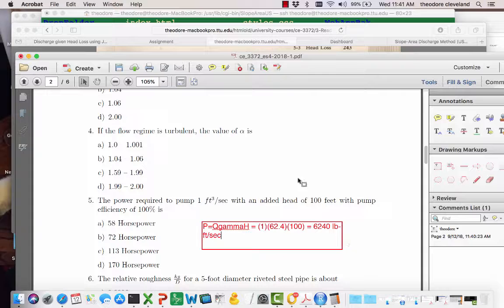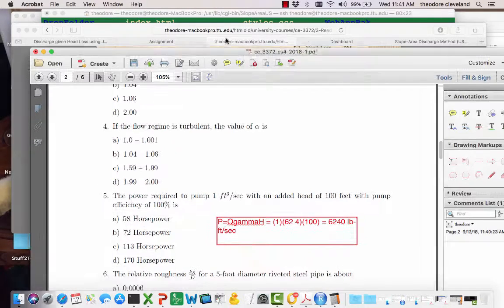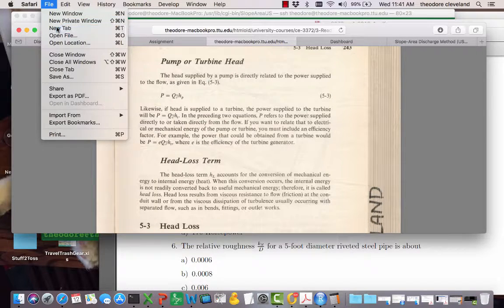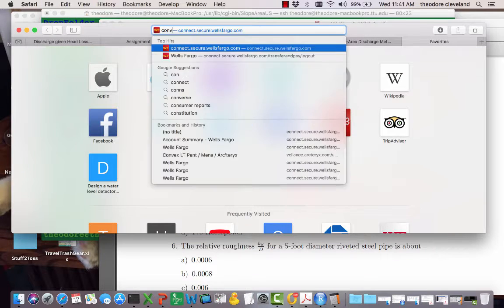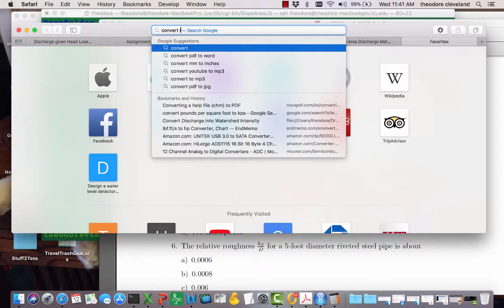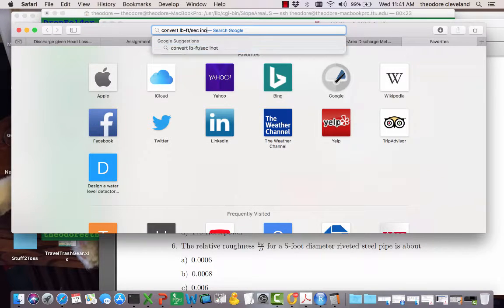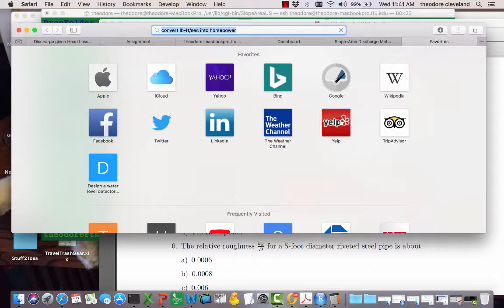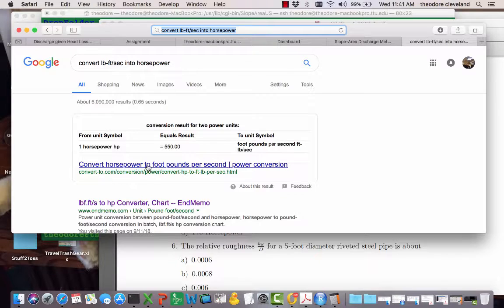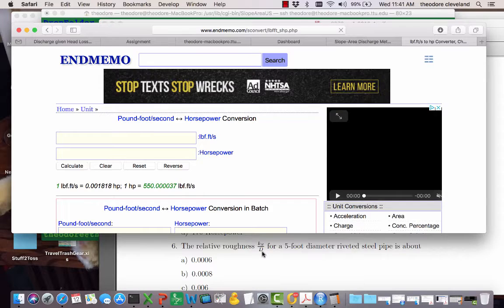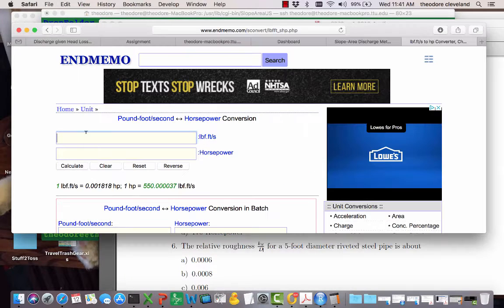So we're going to need to turn 6240 pound-feet per second into horsepower. So let's get ourselves a new tab. Convert pound-feet per second into horsepower. There's a converter here, and so we want to convert 6240.